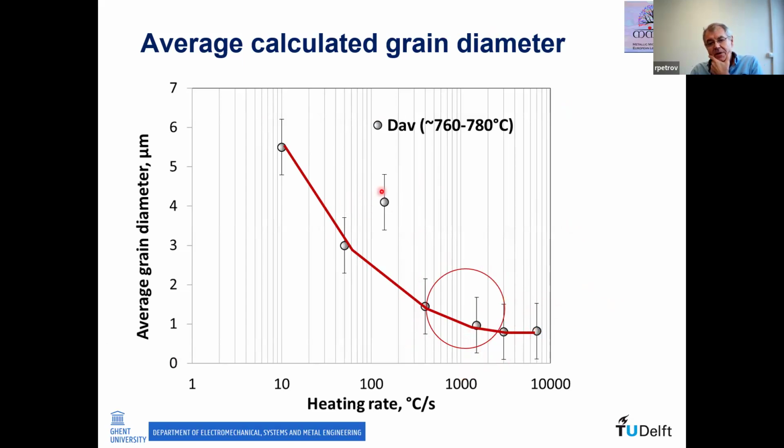There's one special element here, which you can ask me about: why does it come? It's around 140 degrees. And this specific point is when you have a quench delay. Quench delay, I call the time between the peak temperature when it is reached and the beginning of the cooling.